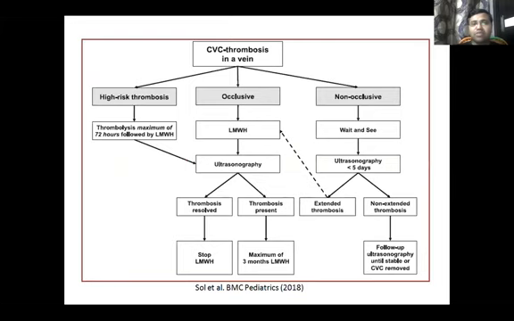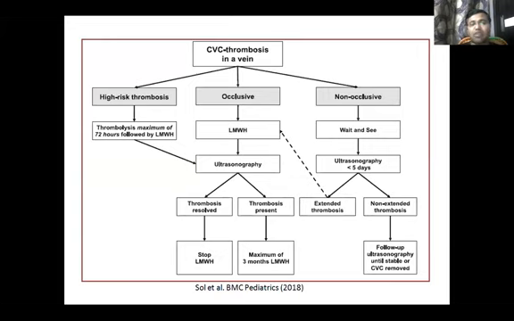So once you have a central vein associated thrombosis, is it high risk? What is meant by high risk thrombosis? High risk thrombosis is one compromising an organ or a limb. If it is compromising, we have to start thrombolysis, commonly with tissue plasminogen activator, given over maybe 6, 12 or 24 hours, followed by low molecular weight heparin.